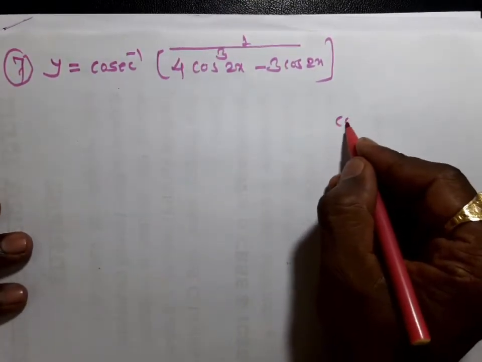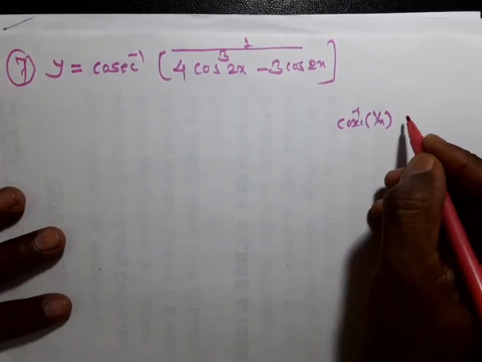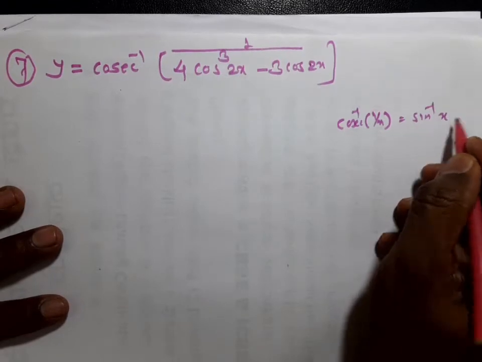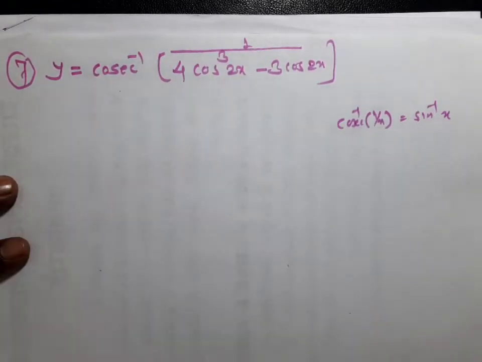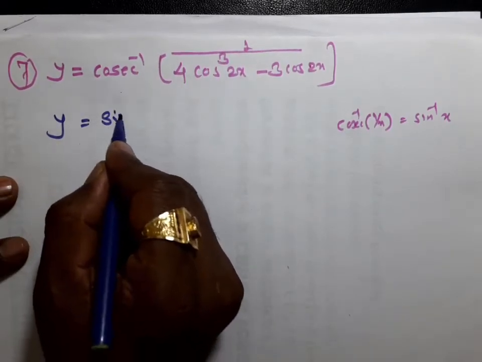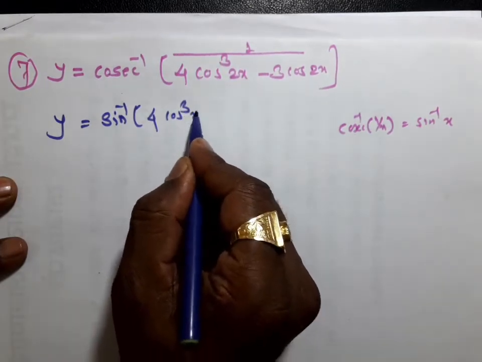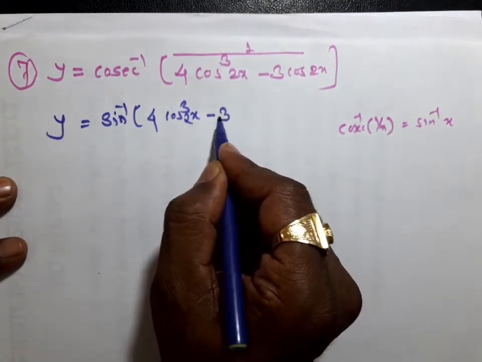So you know that cosec inverse 1 upon x is sin inverse x. So by using this, it will be written sin inverse of 4 cos cube 2x minus 3 cos 2x.